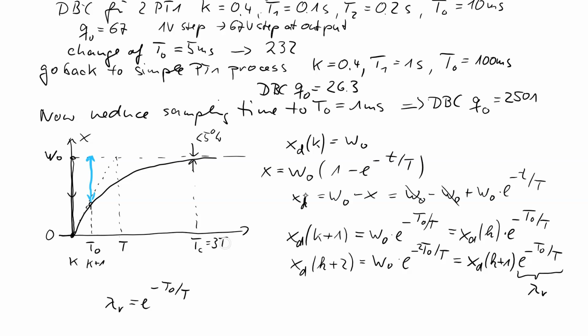I replace now the unknown time constant of the closed system with my desired 5% settling time.